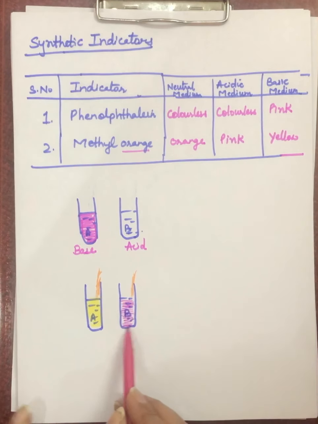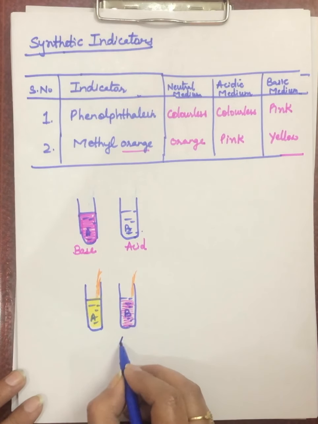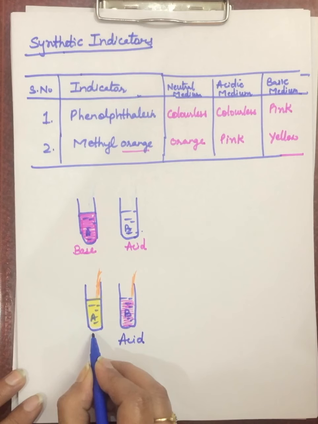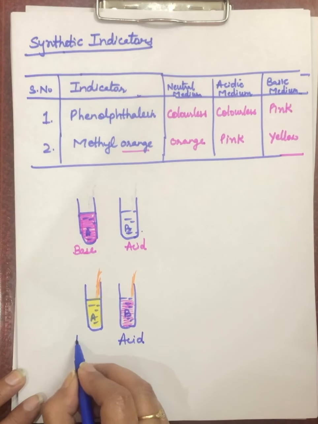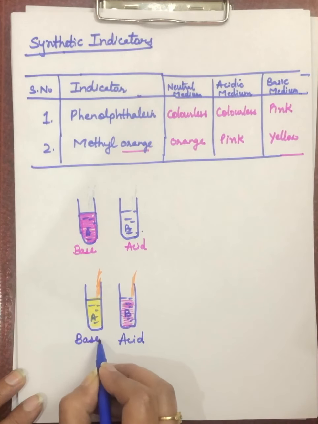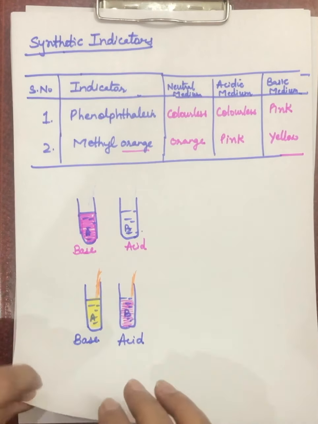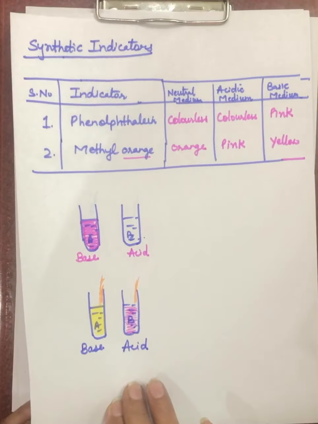So what will we infer from this? The one in which its color changes to pink, that solution is an acid, and the one in which its color changes to yellow, that solution is a base. So this is how we can use indicators to find out whether the given solution is acidic or basic in nature.